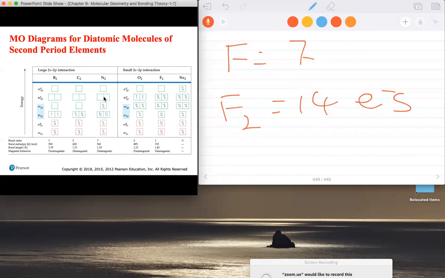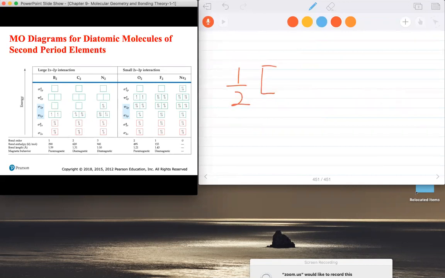Anything on star, I don't see anything. So if I was to do that on the whiteboard, it will be now a half of 6, because I have 6 electrons here on the 2p. 1, 2, 3, these are the bonding, minus 0, and this gives you 3. This is the bond order.